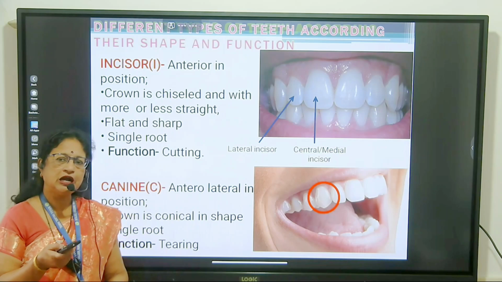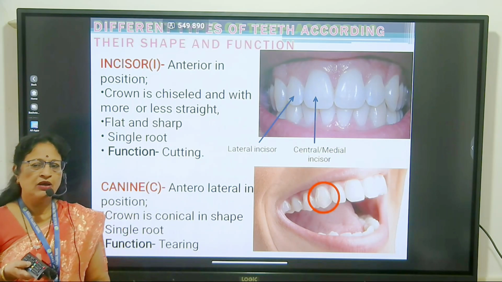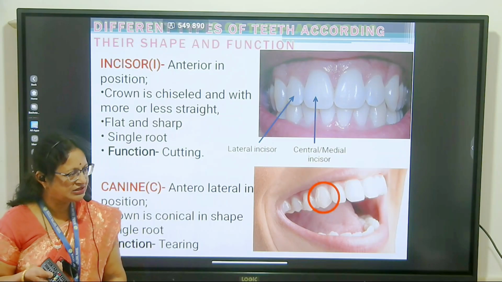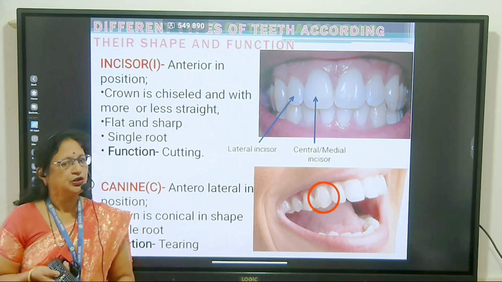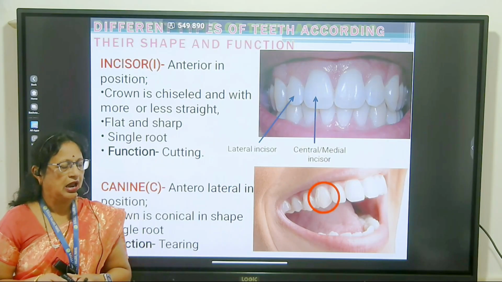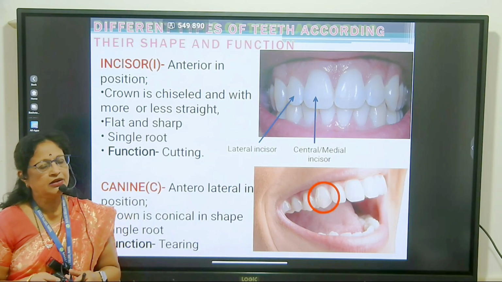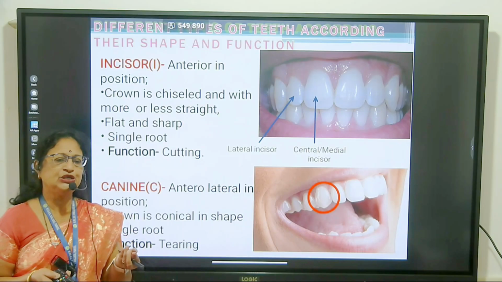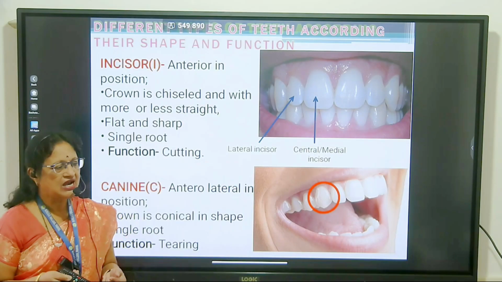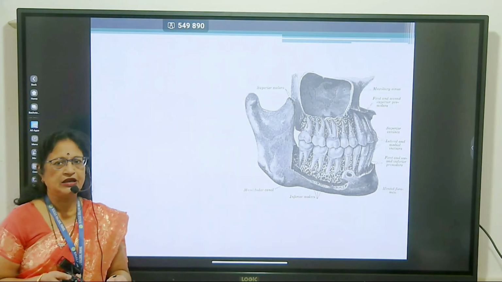Here, the crown of this tooth is conical in shape, but it is less conical in human beings. This tooth also has a single root, and is useful for tearing of the food, which is the necessity of wild animals. That's why it is well developed in wild animals.